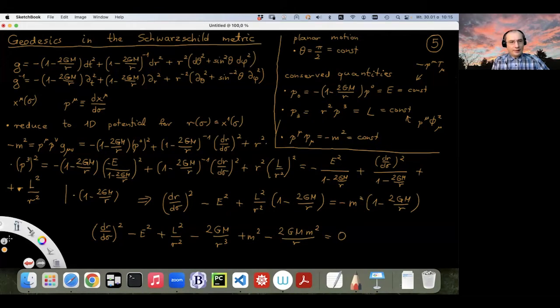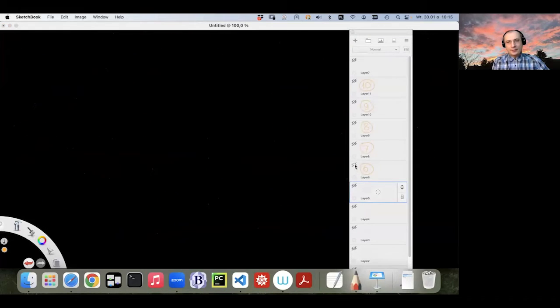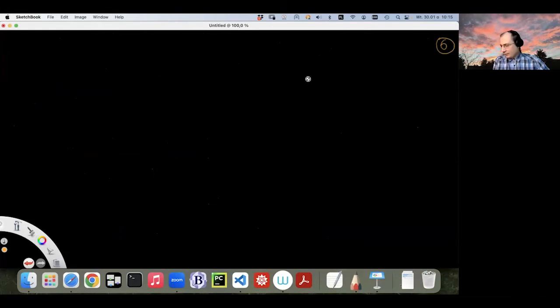Okay, and let's move to the next. Last small update. We'll be just writing this in the following form. 1/2 (dr over d sigma) squared is equal to E squared over 2 minus V of r, where this is called the effective potential.